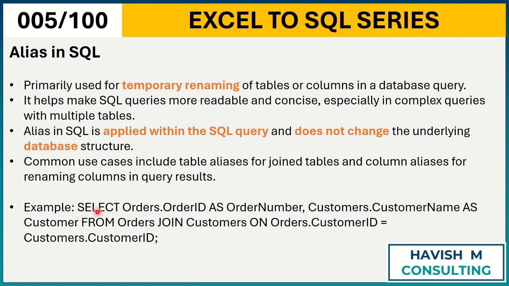As an example, if I write SELECT orders.order ID AS order number, customers.customer name AS customer, every time you refer to a column or a table, you can give it an alias so that it is easy for users to understand, and the output has those aliases as the column headers.